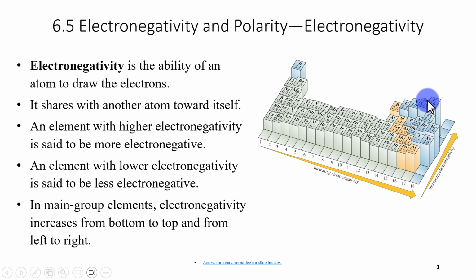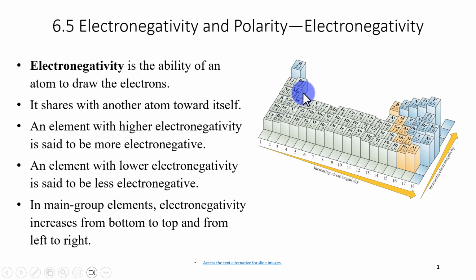Once again, if you remember that fluorine has the highest electronegativity value of all, then as a general rule, anything going away from the fluorine, so down a group or from right to left, will decrease in electronegativity. Now, as you can see, this little figure here gives you electronegativity values for all these elements.